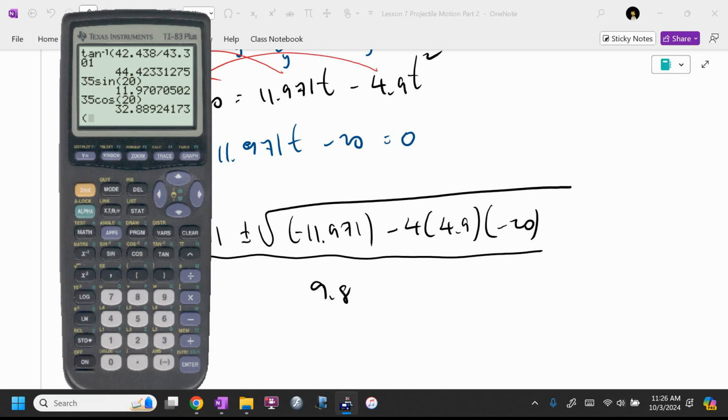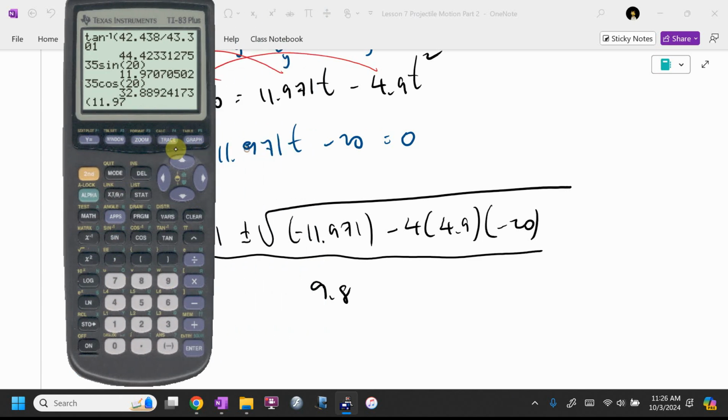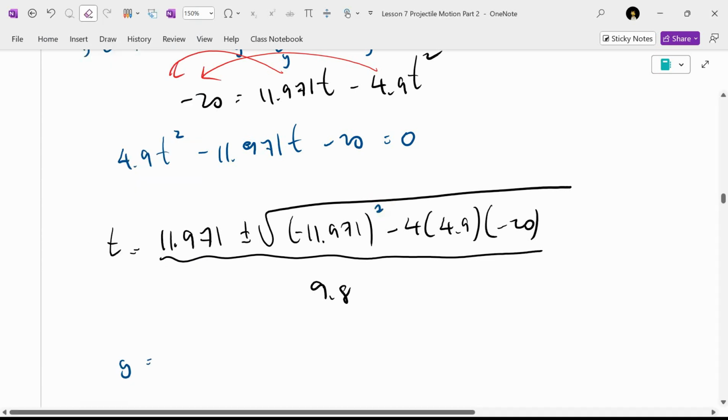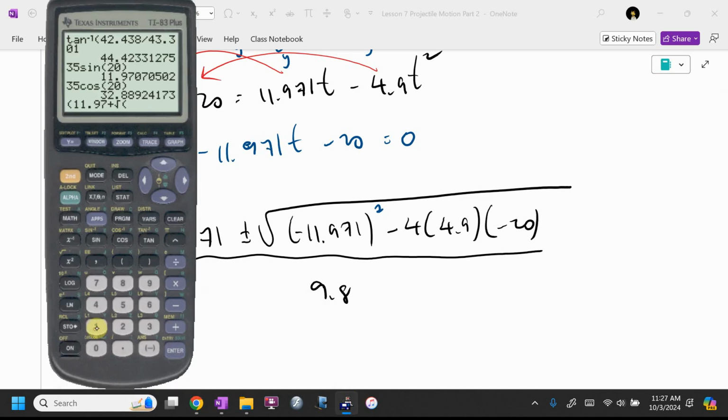Bracket 11.971 plus square root. And another bracket. Oh, and I missed my squared in my formula. Well, I'm making typos. 11.971 squared minus 4 times 4.9 times negative 20.